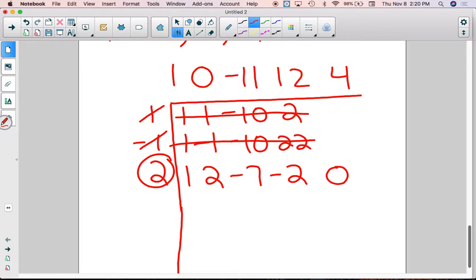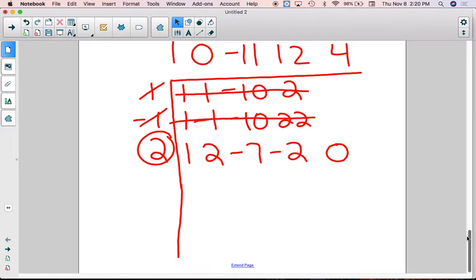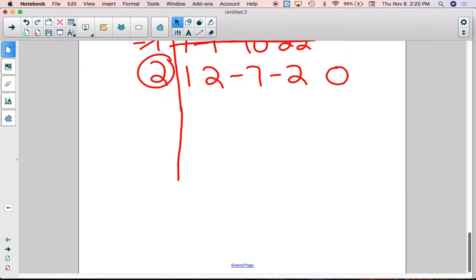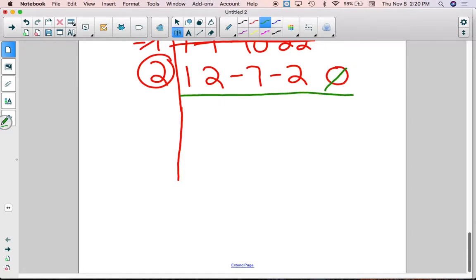I have to use synthetic division again to find another answer before I can put it into the quadratic formula, because right now it would be a cube if I wrote that out. We have to get it down to a square. So at this point, we have to kind of start over. We don't need that 0. That was your remainder. But I do need a new B over C, because I have a new C value.